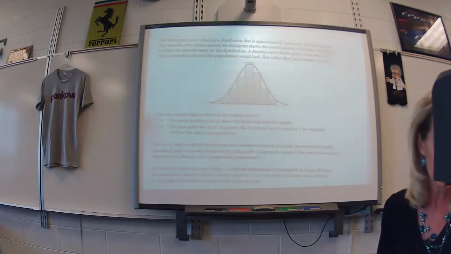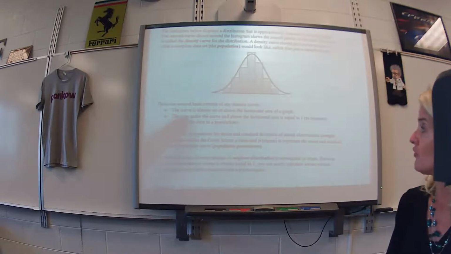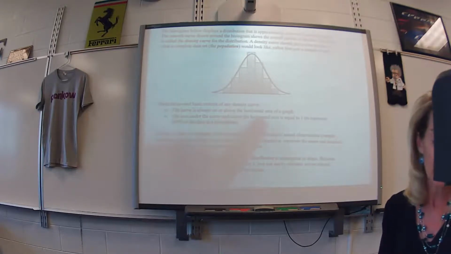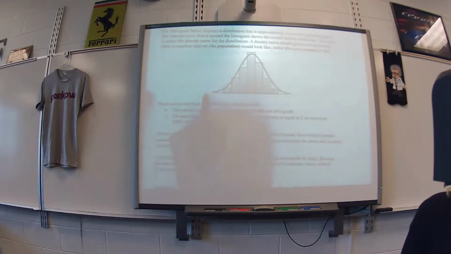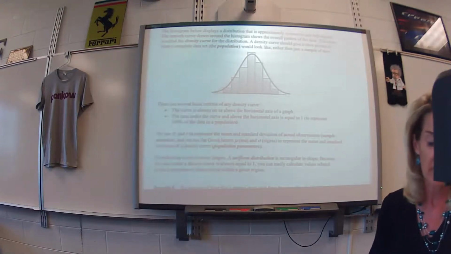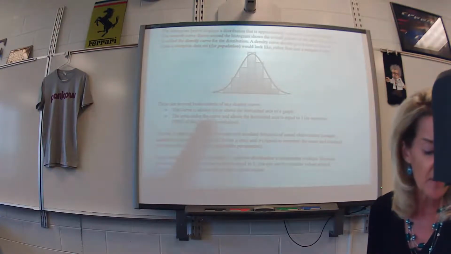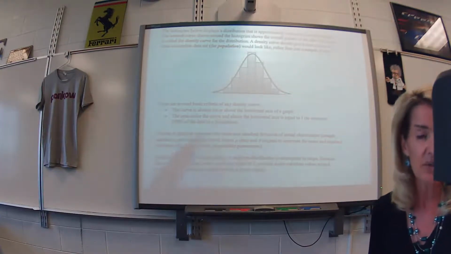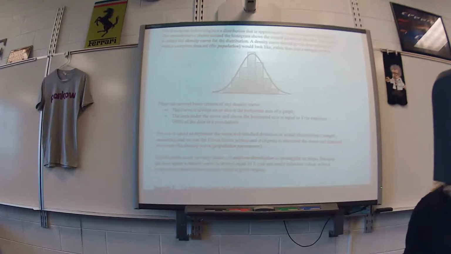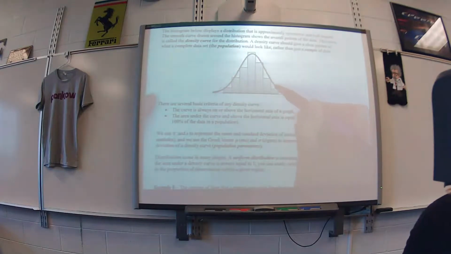There are several basic criteria of any density curve. The curve will always be on or above the horizontal axis of a graph. Technically, the horizontal axis is an asymptote, and those tails never touch the x-axis, though in real life it sure will seem like it does. The area under the curve must equal 100% of your data, because the density curve is supposed to represent a population.